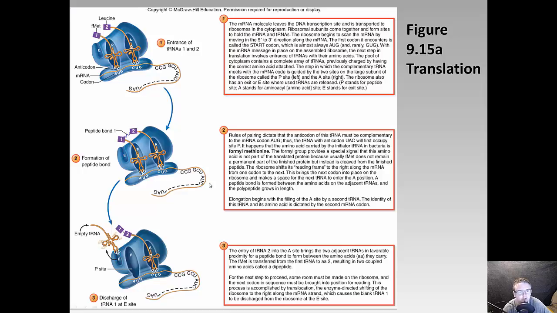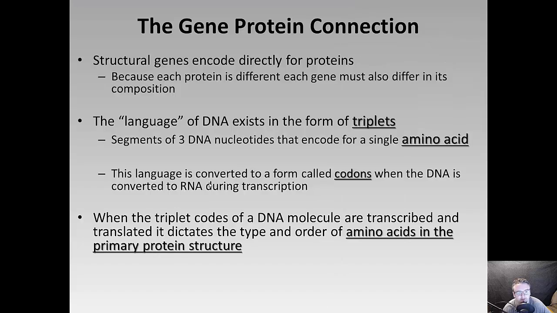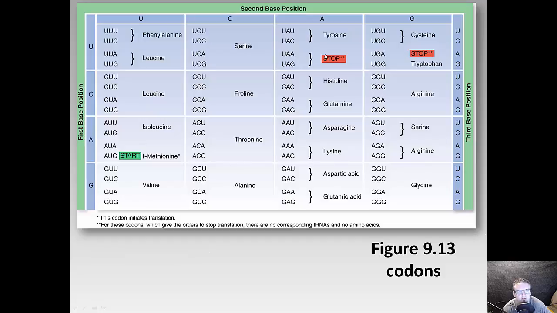Now, there's another way that this works in a more efficient way, and this actually goes back to the redundancy of the code. Because really the truth is you actually have 4 different nucleotides that all code for the same amino acid, and it also works that there's what's called wobble, and you don't have to write all this down.